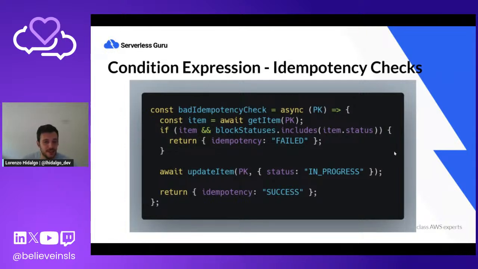What they are doing here is, at the beginning, reading an item. So they say, hey, DynamoDB, please give me that item. And then they check, hey, if the item exists and the item.status is one of the statuses that should not be re-executed, then we'll return an error, or we'll just return an idempotency failed.